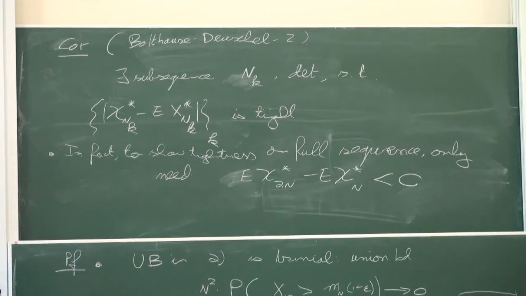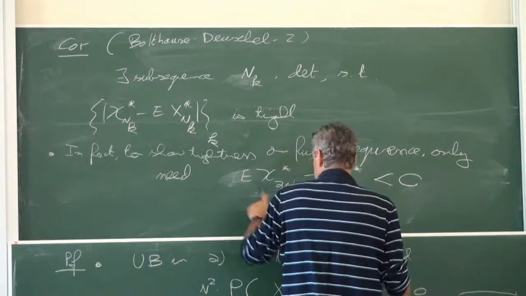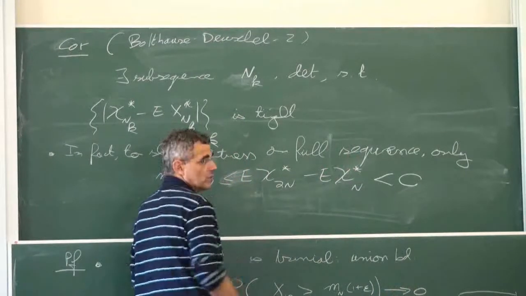Because once we have that, then the lemma tells us that we have tightness. The other direction, that this is positive, we already showed.